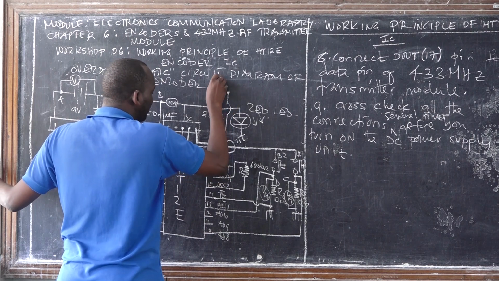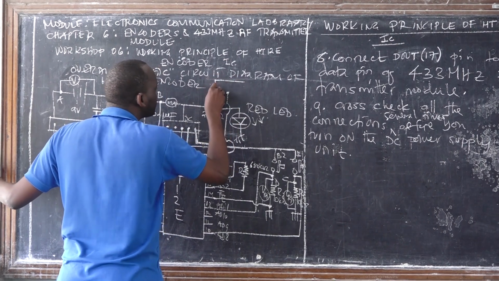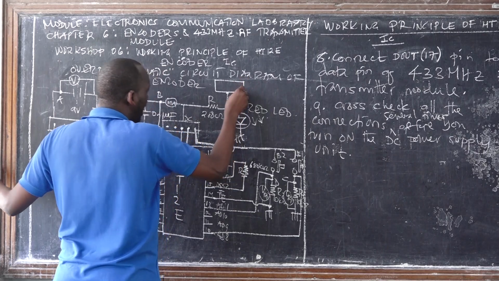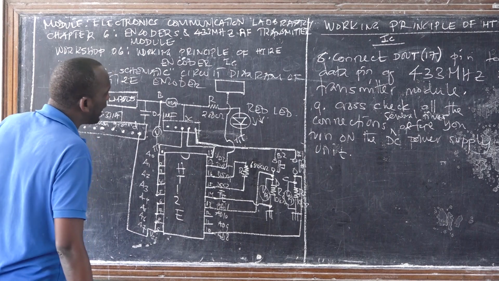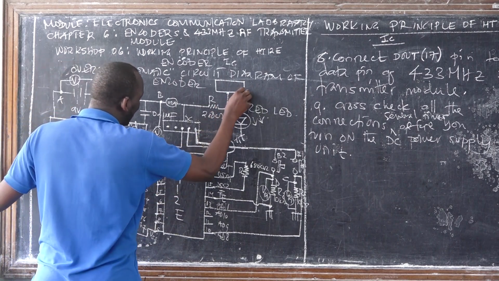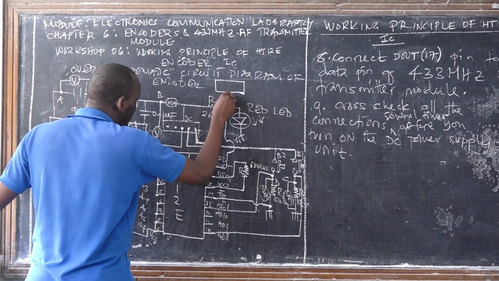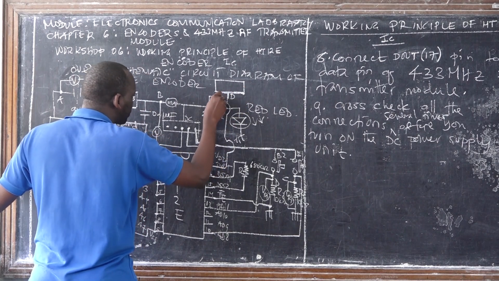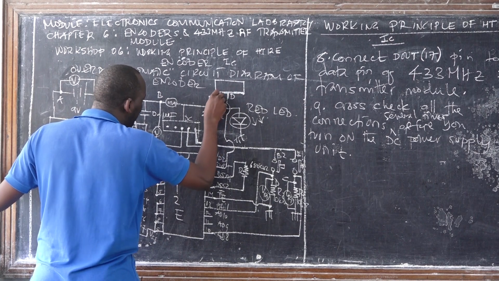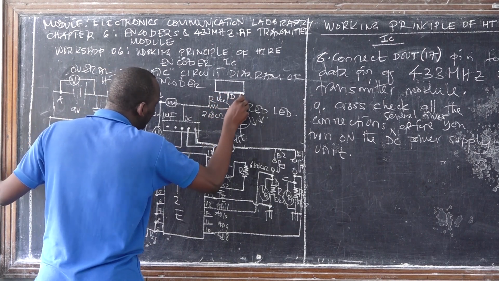For the 433 megahertz RF transmitter, we say that it has only 3 pins. One pin is called the data pin, the first one is called VCC or VDD in this case, and the other one is ground.